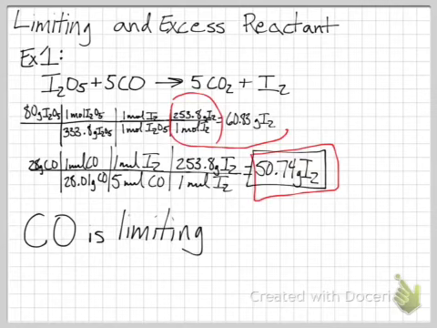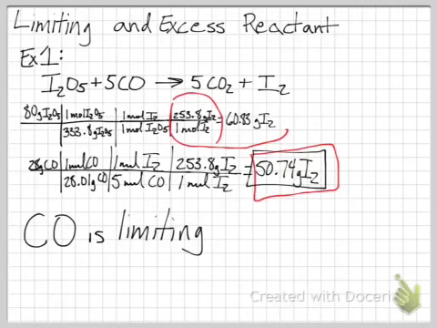All it means is that this is the one we're going to run out of first. When the reaction is going on, everything seems good, and then the reaction suddenly stops. It means that one of the reactants is no longer there. We used all of it and there's none left. We're going to use up all of the carbon monoxide before we would use up the I2O5, and this is what determines our limiting reactant.